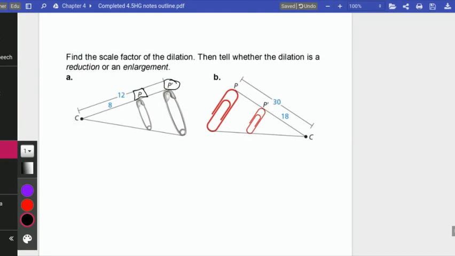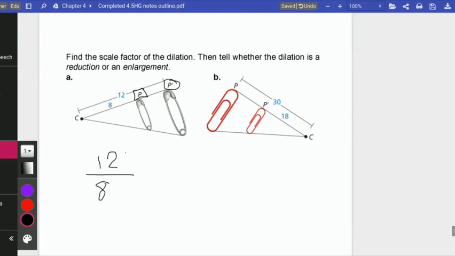So when we're trying to find the scale factor, we do the prime or the image measurement over the original. So in this case, the 12 gives me the measurement from that C, which is the center of dilation, out to the prime. So 12 would go in the numerator. And then P would be the original one, would be 8.